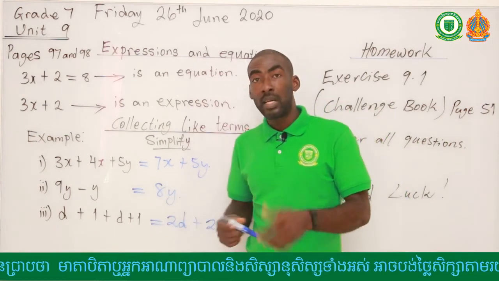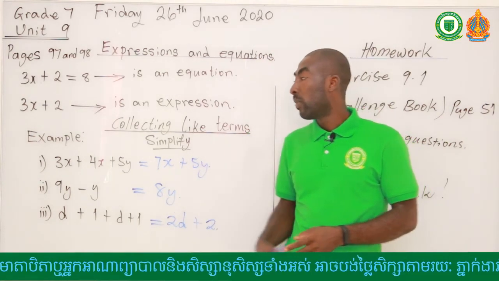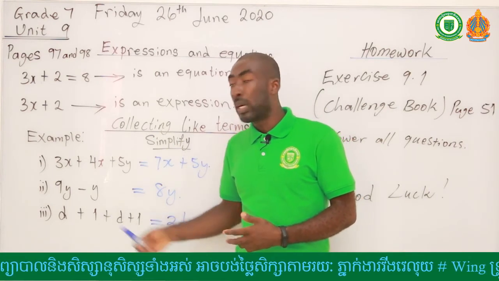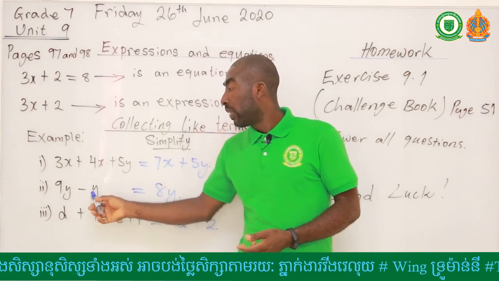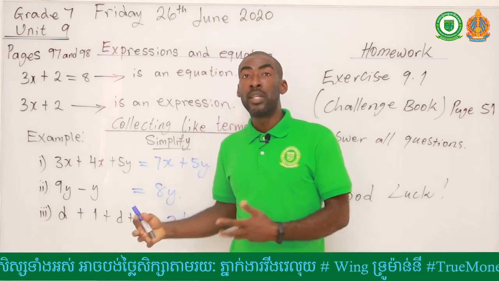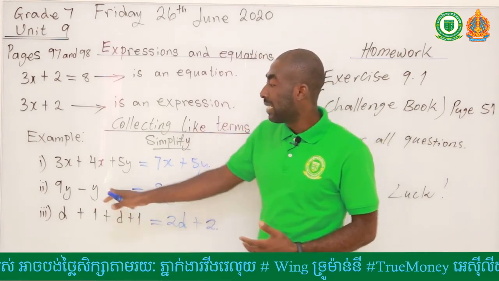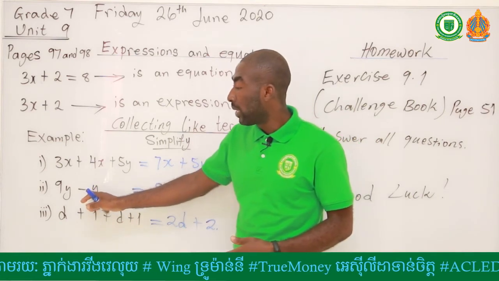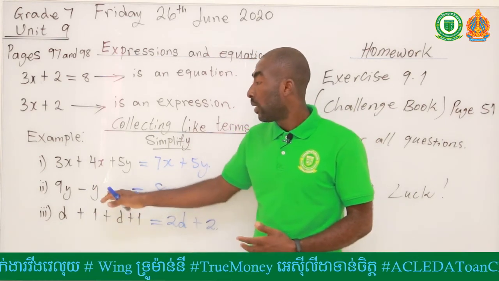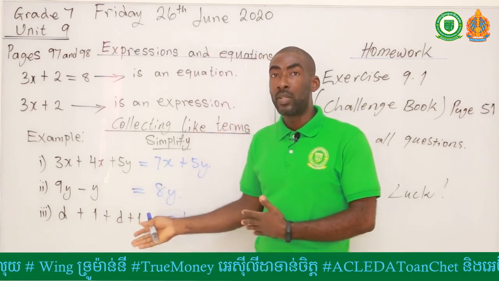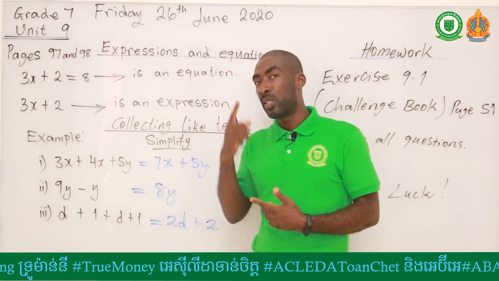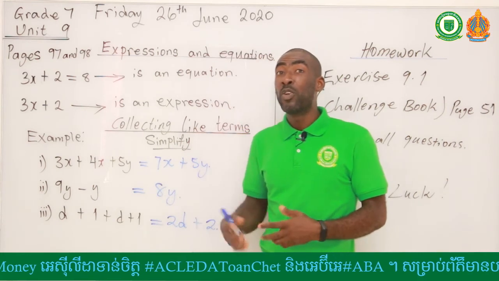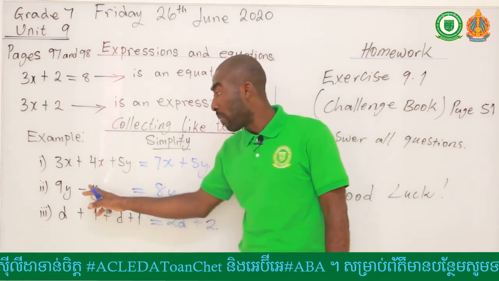One other thing that I also want to remind you is that whenever you are dealing with an expression or an equation and you find any letter within your expression that is standing alone, without any number, automatically this is one y, so it means that we are dealing with just one of y. So there's one here, but we don't write it. So don't forget about this.